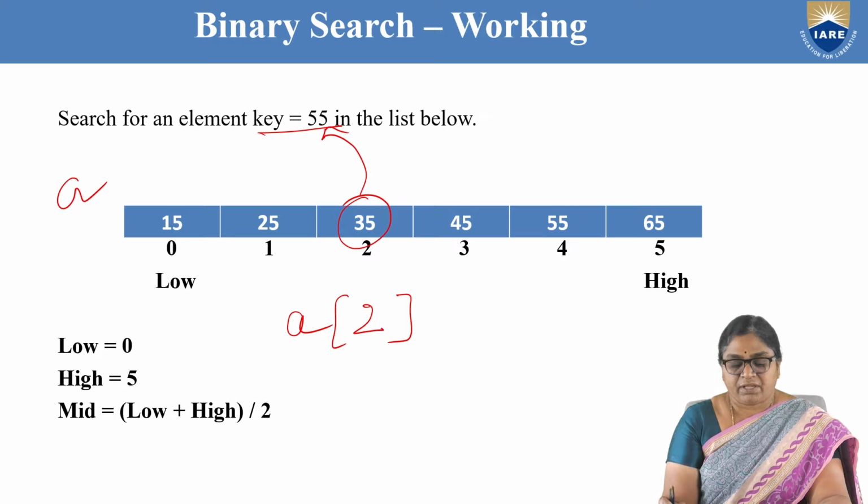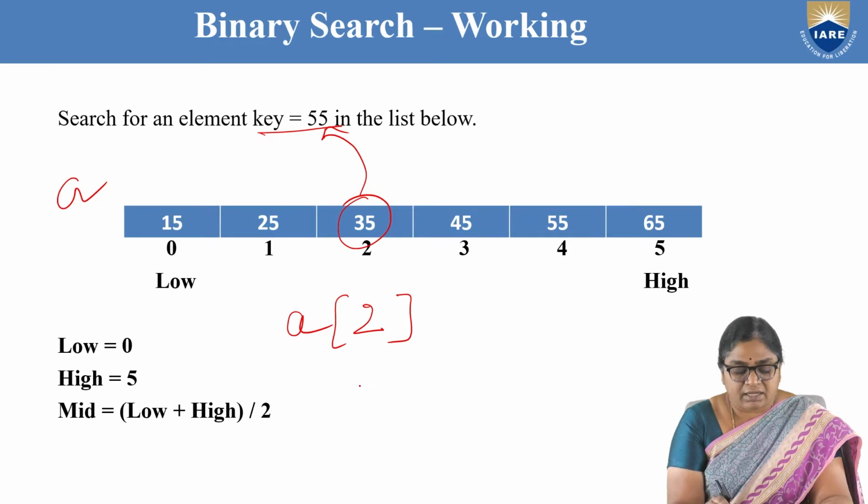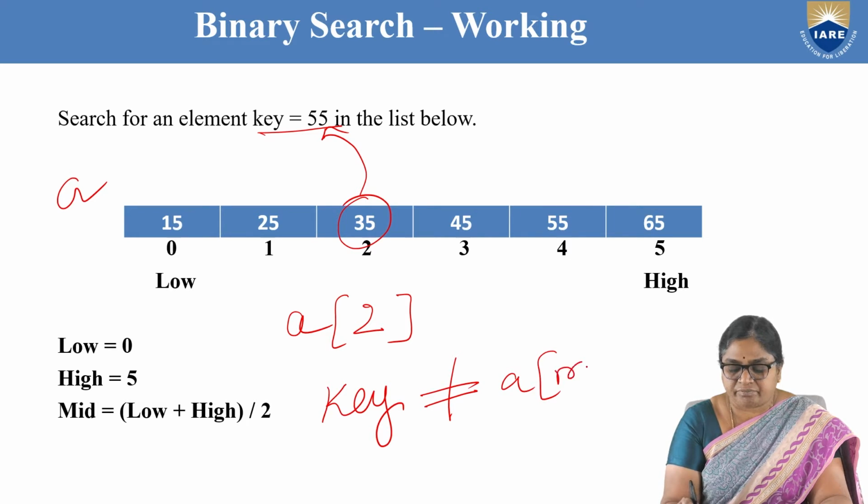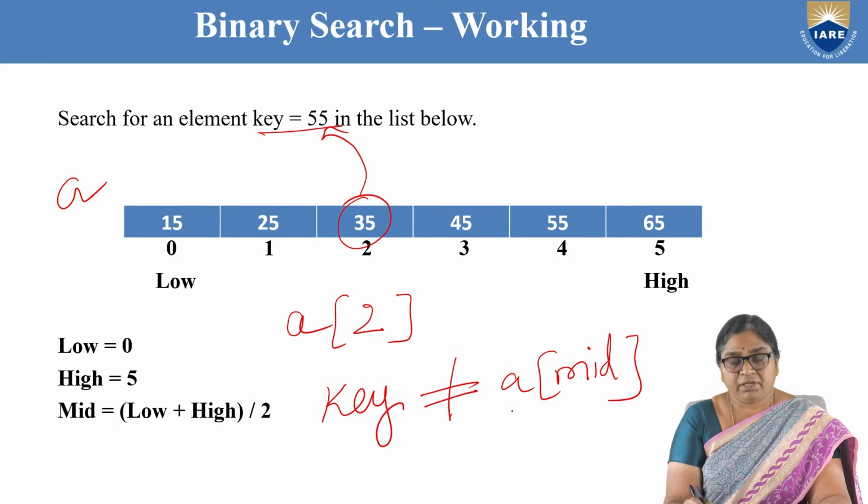Here, the key element is not equivalent to A of mid. So the key element can be greater than the middle element or less than the middle element. Next, we have to check whether key element is greater than A of mid or not.